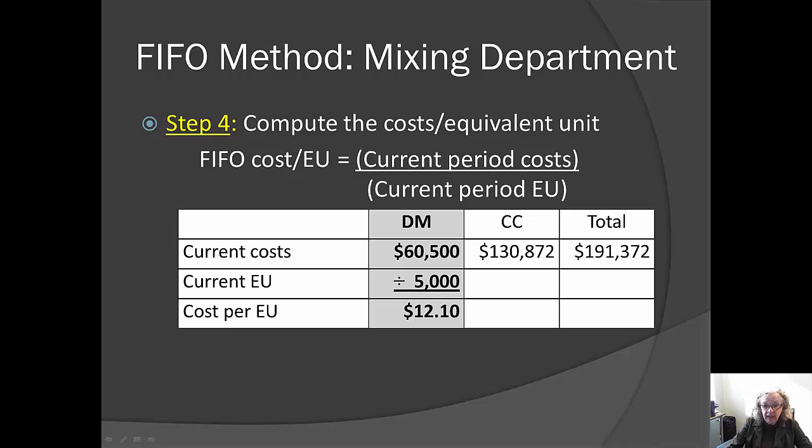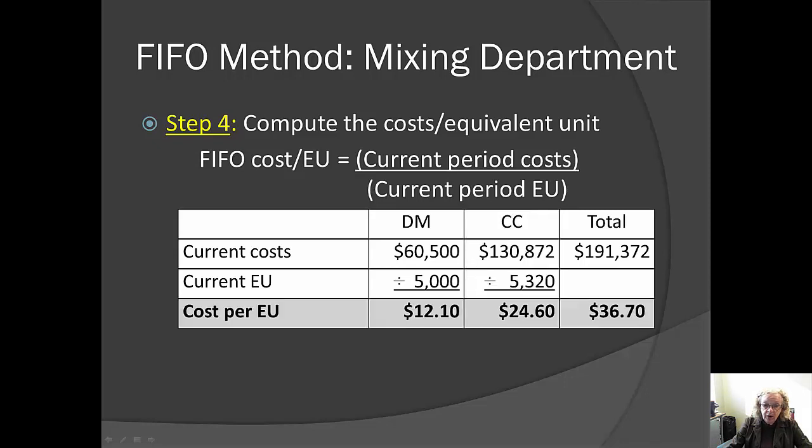We can play the same game with conversion costs. In step 2, we had figured out that there were 5,320 equivalent units for conversion in the current period. Divide current period equivalent units into current period costs, and it gives us a number, $24.60 per equivalent unit for conversion added in this period.